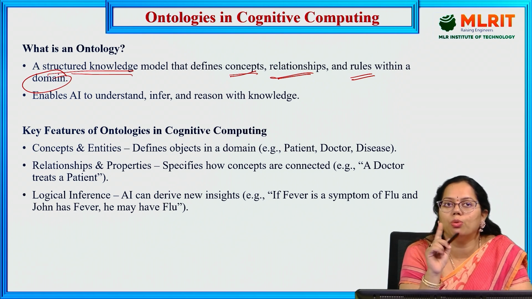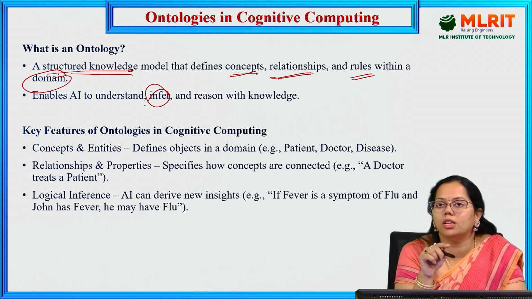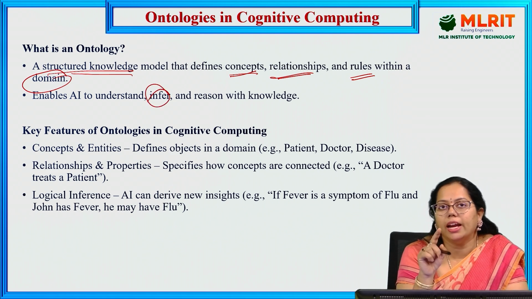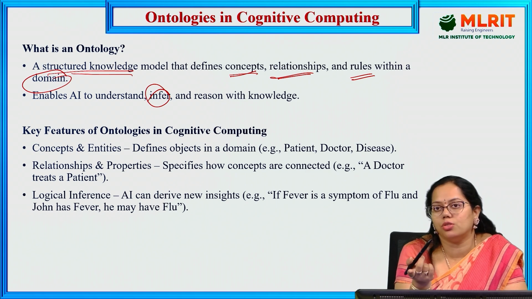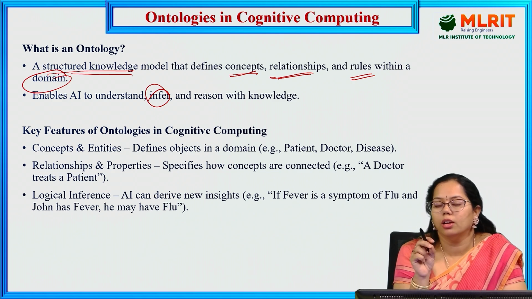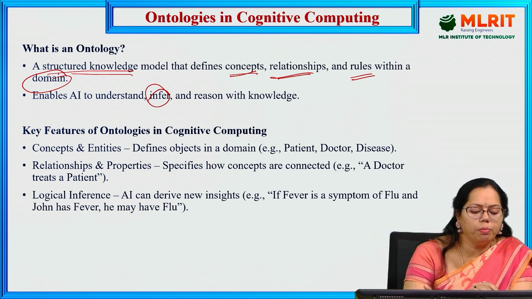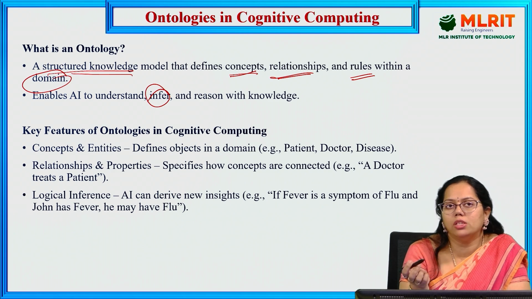Whatever knowledge you have, it tries to understand with the help of AI. It also infers whether the information it has is correct, and it gives the reasoning for the knowledge. It gives the reason that this might be the reason for it. Okay, this might be the condition for the ontology.